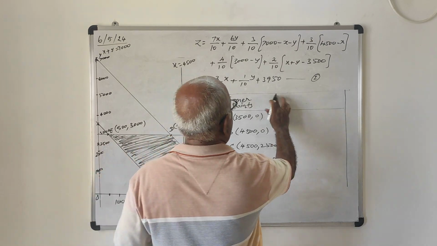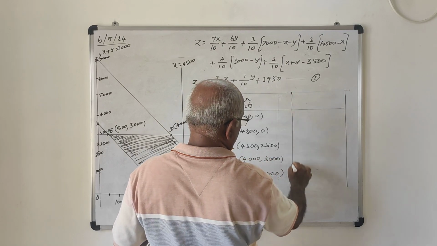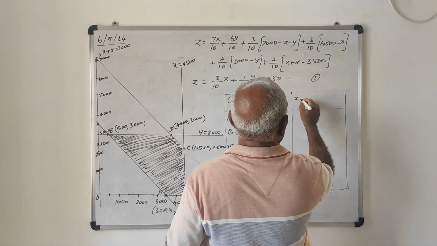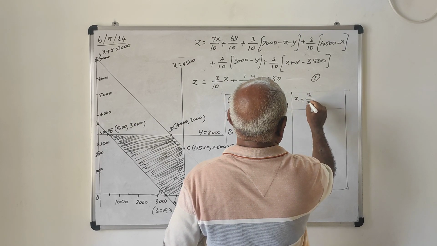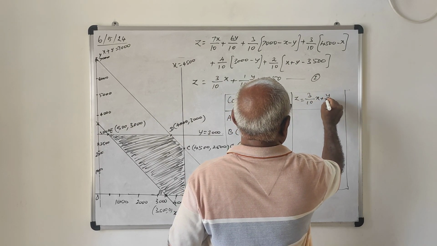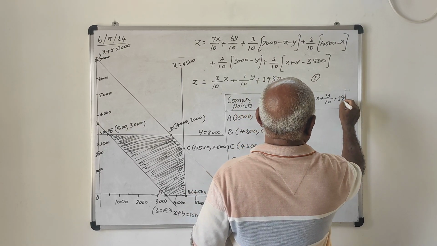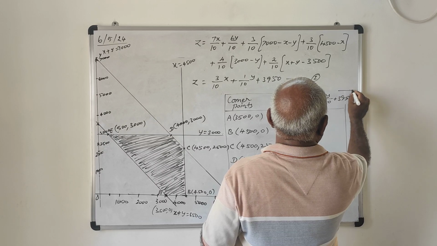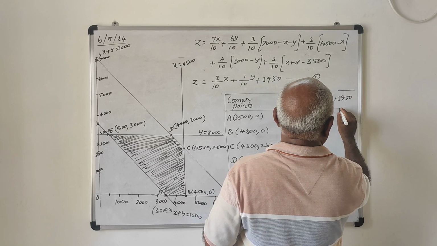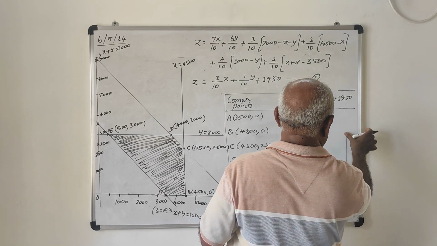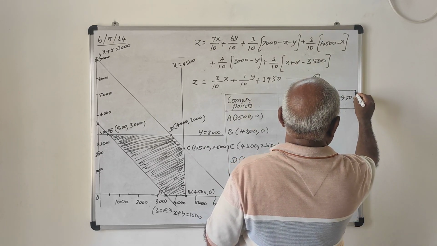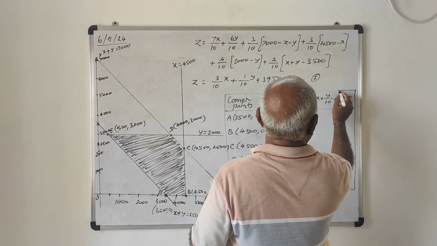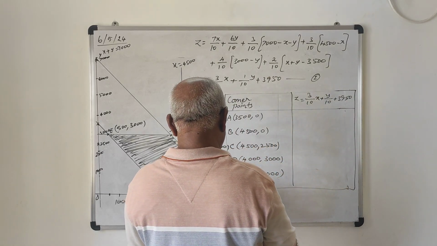On substituting these corner points in Z equal to 3 by 10x plus y by 10 plus 3950, you will get the values.